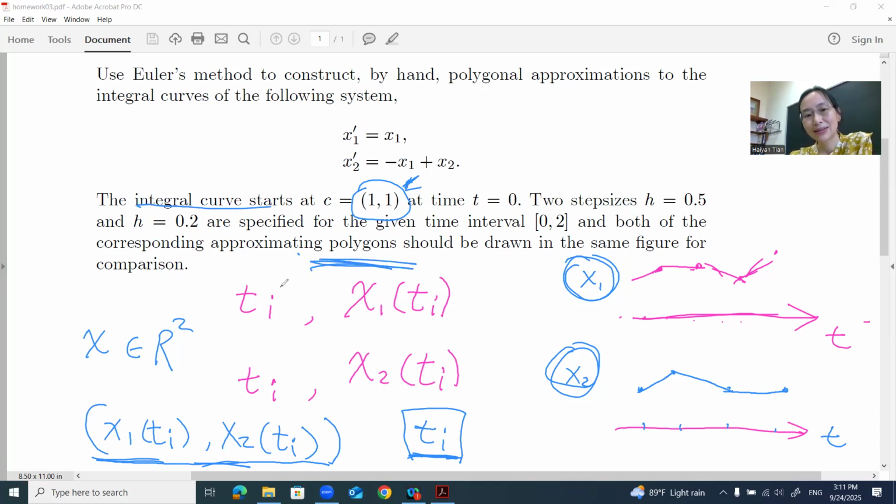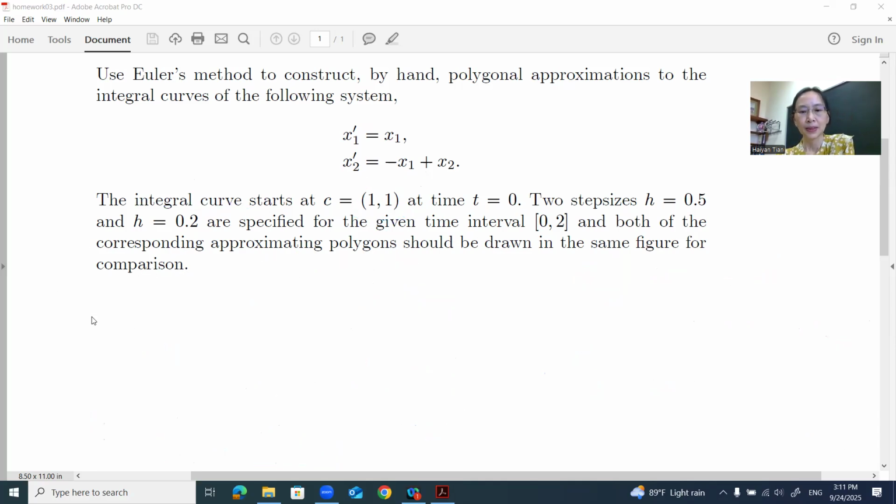Yeah, you will notice the approximating polygon. For this initial value problem, you see we have not only a governing equation, but also a given initial value. So it is actually an initial value problem, and you try to show the trajectory, I mean, the integral curve for this problem. That is your approximate solution to this problem.